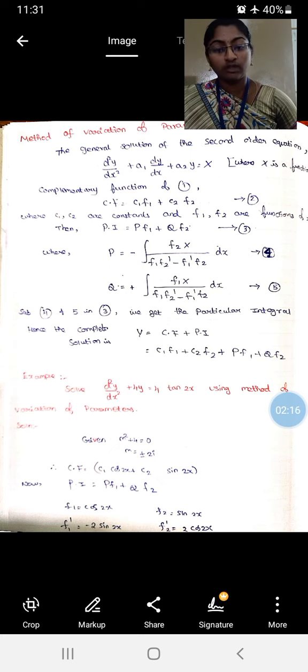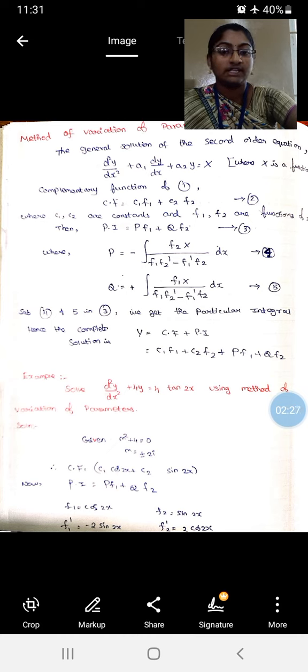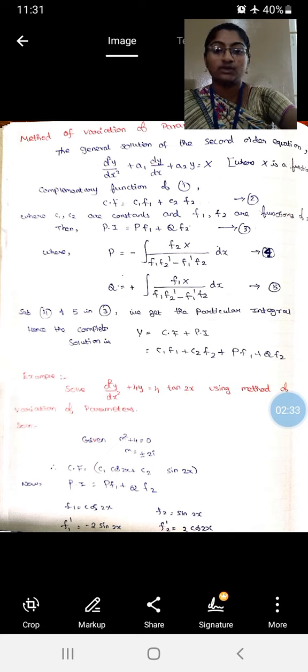Solve d square y by dx square plus 4y equal to 4 tan 2x using the method of variation of parameters. So write the given equation as it is. We change it to the auxiliary equation, m square plus 4 equal to 0. So the value of m equals plus or minus 2i.